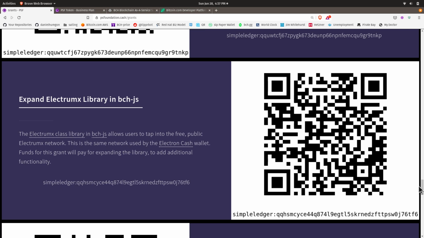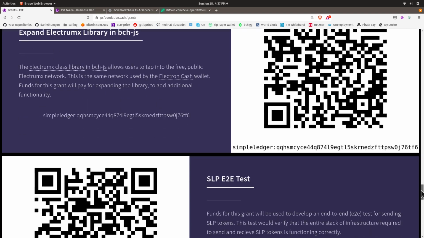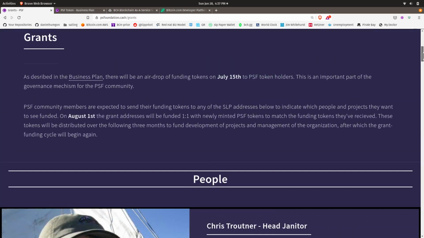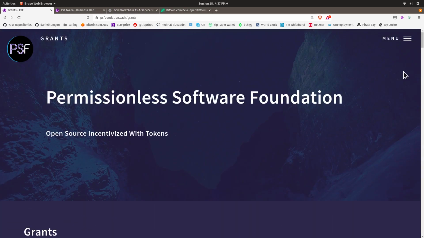So this is the foundation aspect. This is how the community funds common goods that can't necessarily be monetized directly. And this is how we build common good infrastructure. It's a very important problem in the open source world that has yet to be solved, to fund common good infrastructure.